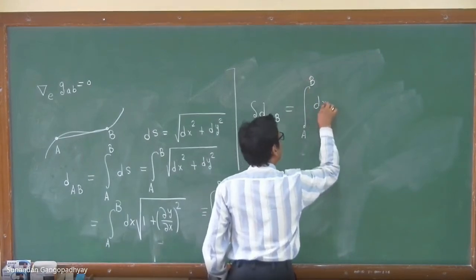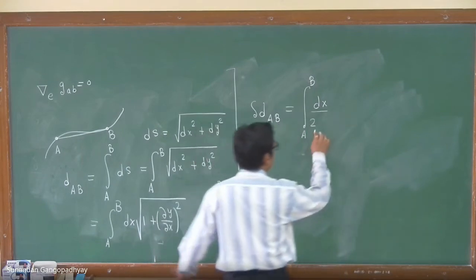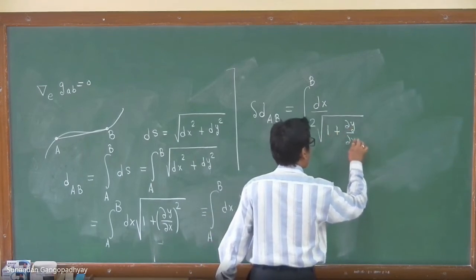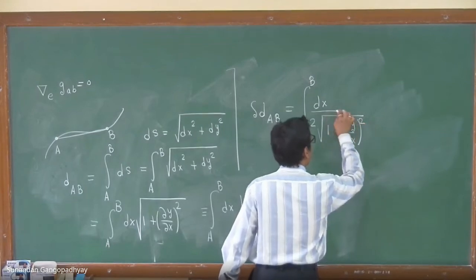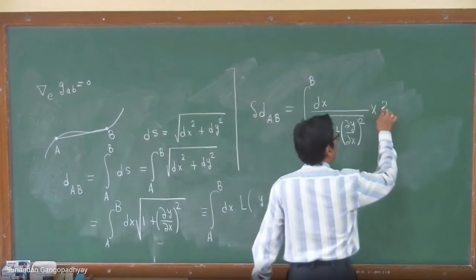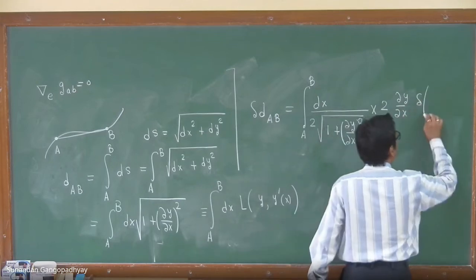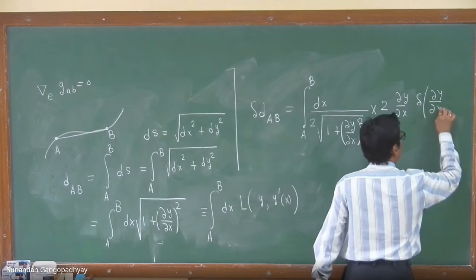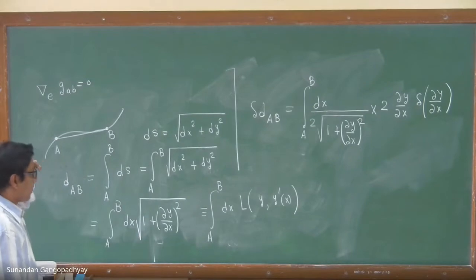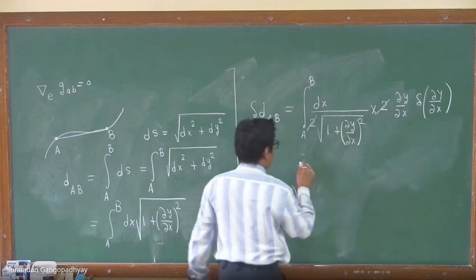That will be d dx, half of this. So these 2 and 2 will cancel.